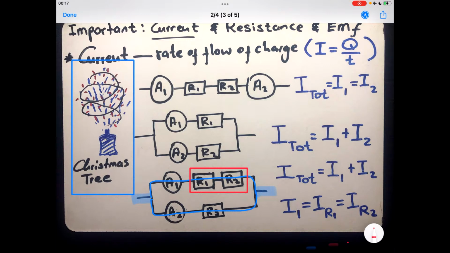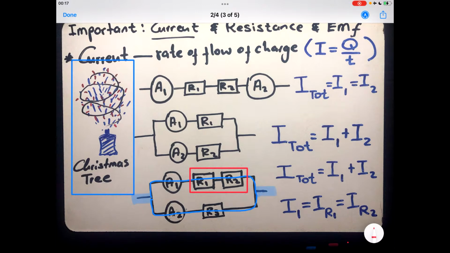So it's like 2 in 1, if you can think of it that way. 2 types of connections within one. This is a parallel connection, and within that parallel connection you still have a series connection.